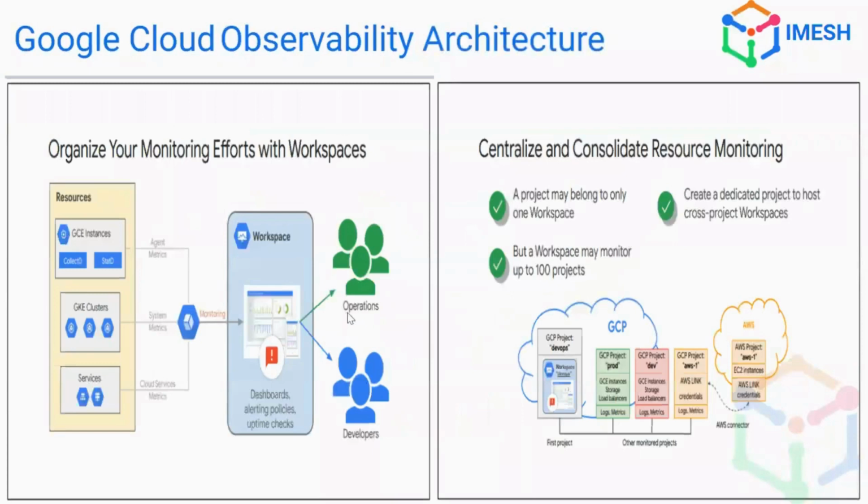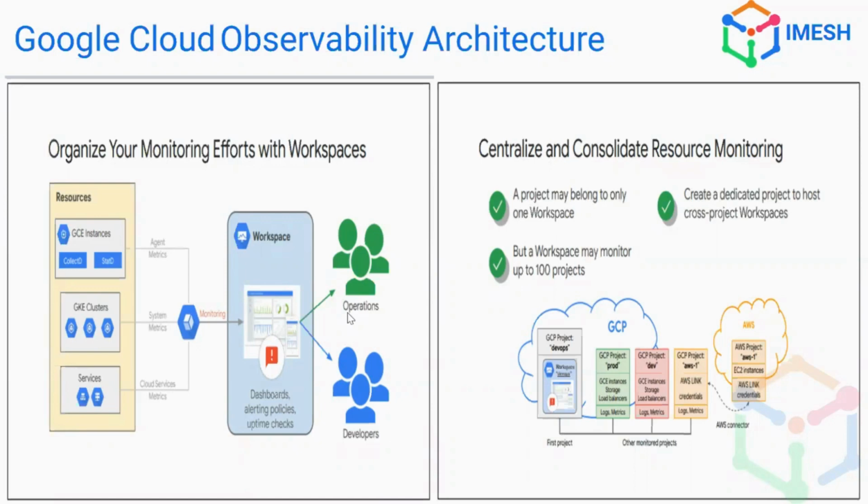This is the Google Cloud Observability architecture. Google Cloud Monitoring uses workspaces to organize the monitoring information. A workspace is a tool for monitoring resources that may contain one Google project or more than one Google project, and if we want, we can also add our AWS accounts into the workspace.